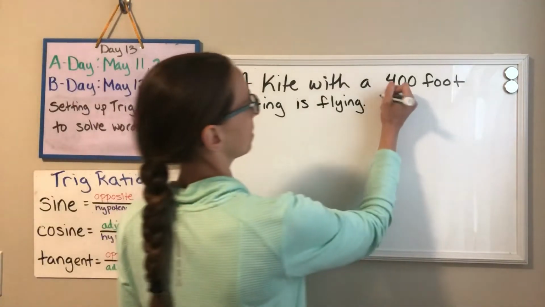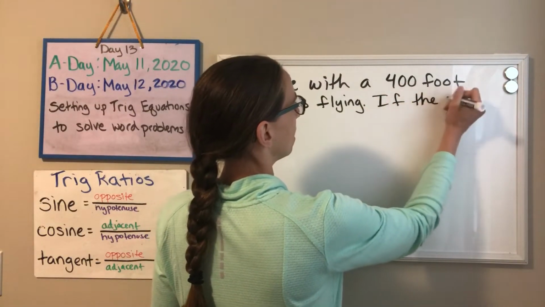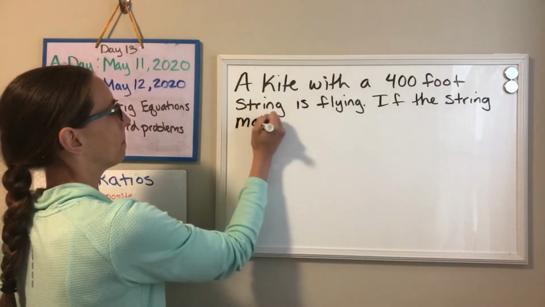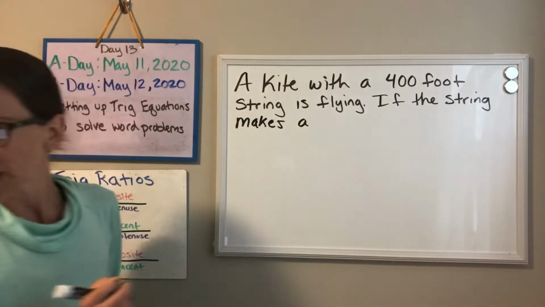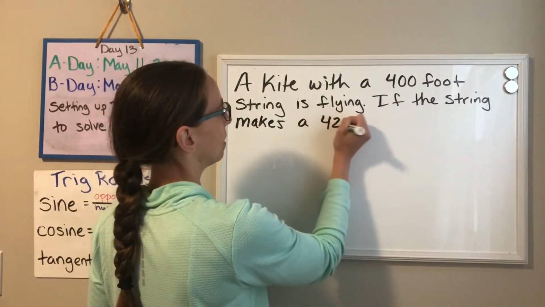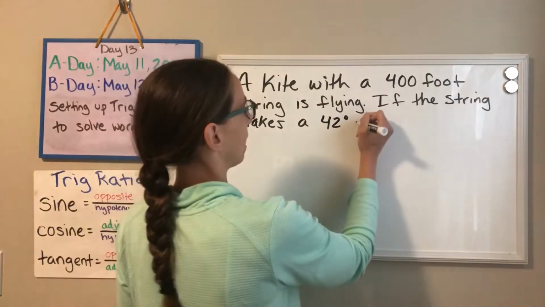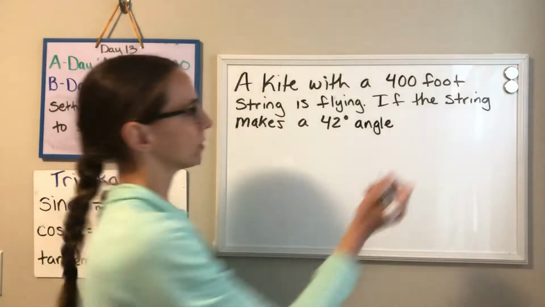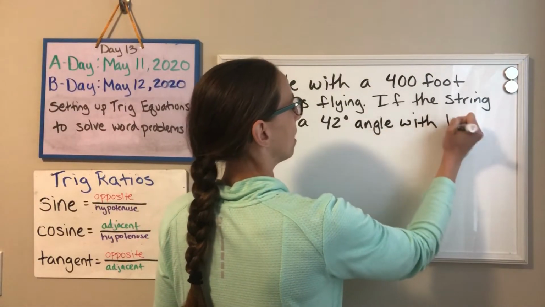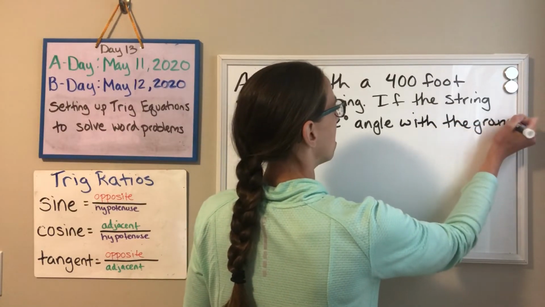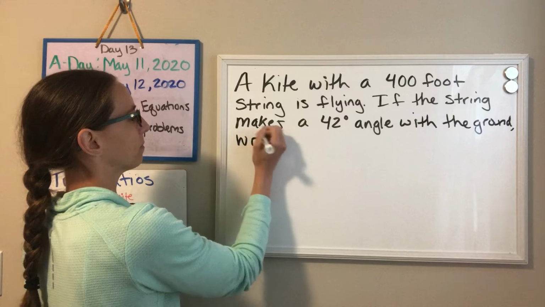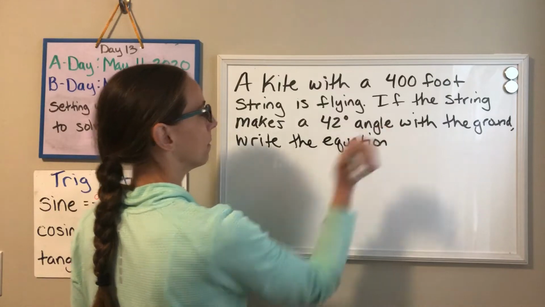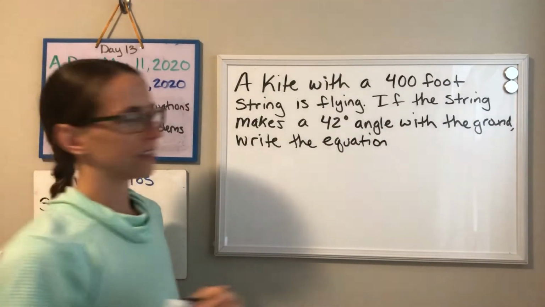If the string makes a 42-degree angle with the ground, write the equation to find the height of the kite.